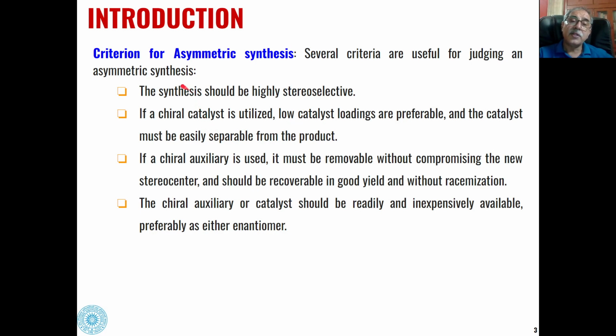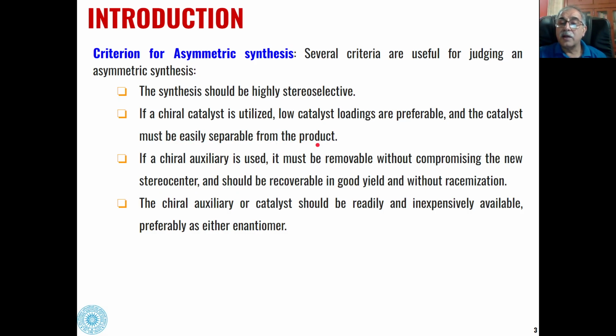Now if for the asymmetric synthesis we are using a chiral catalyst, then the amount of catalyst used should be very low. That is, low catalyst loadings are preferable, and after the reaction the catalyst must be easily separable from the product.